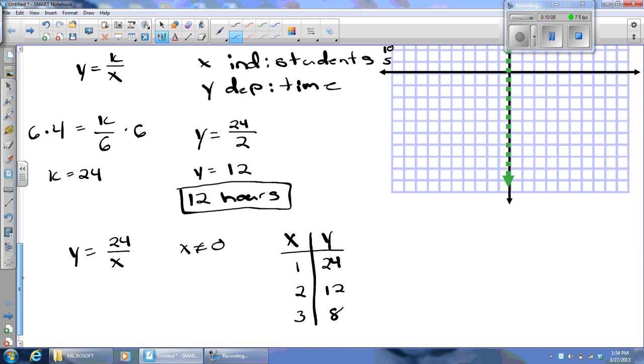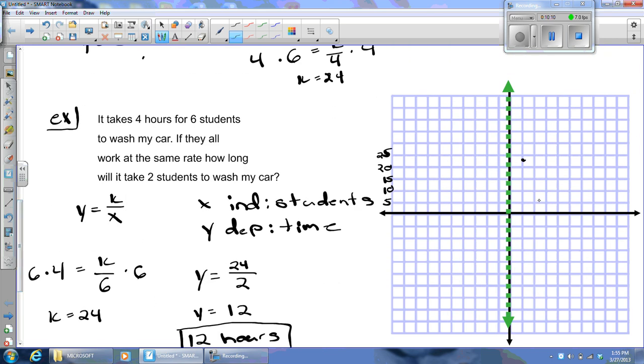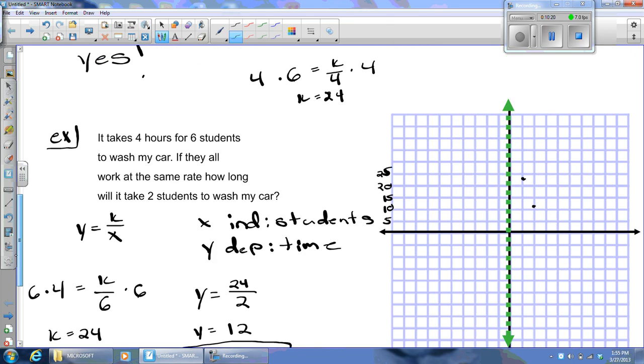Our second point is at (2, 12), right about here. And our third point is at (3, 8). All right, so we're going to draw our curve in here. And that is our graph.